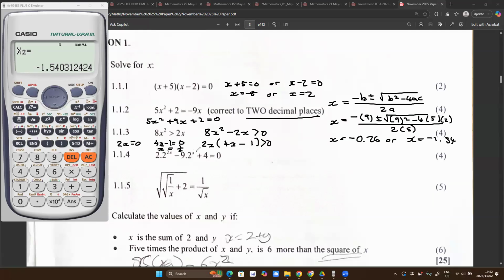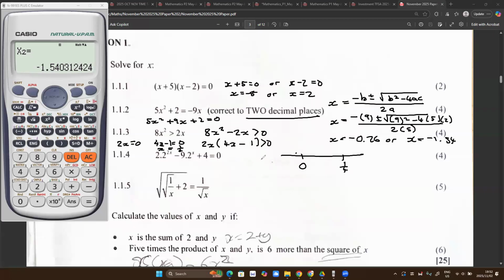Now what we can do is draw a number line, because that's going to illustrate the values where it changes. So we've got a 0 and we've got a quarter, and that's where it changes. What we want to know is where this is greater than 0, so we're going to test.